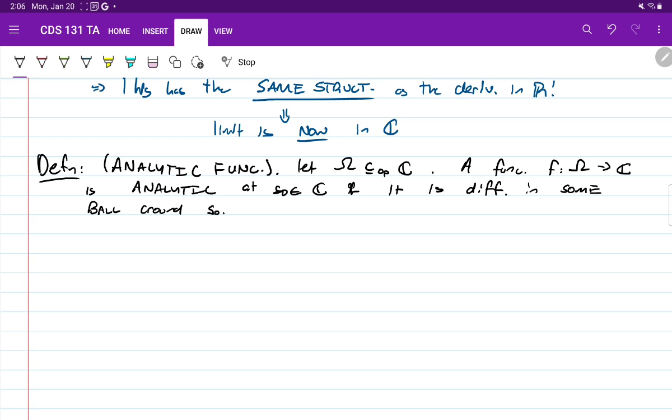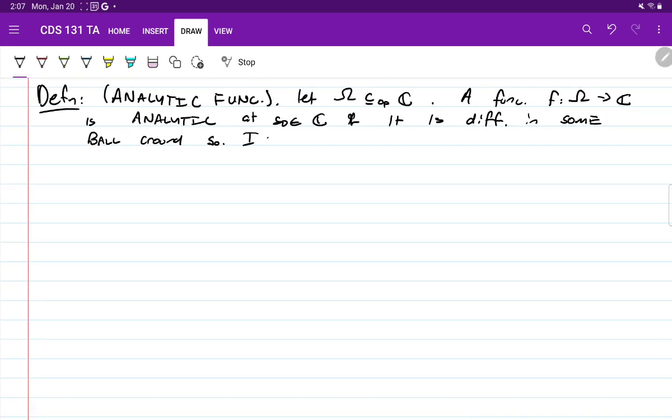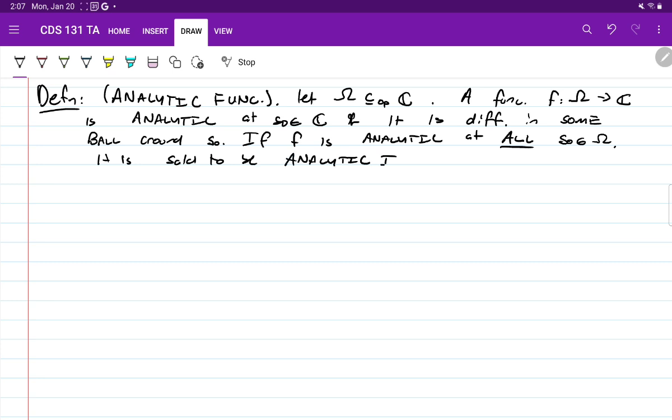So if I can find a ball like B epsilon of s naught in which my function f is differentiable, in which its derivative exists, then I declare the function to be analytic at that point s naught. If f is analytic at all s naught in omega, it is said to be analytic in omega. Okay, fantastic.